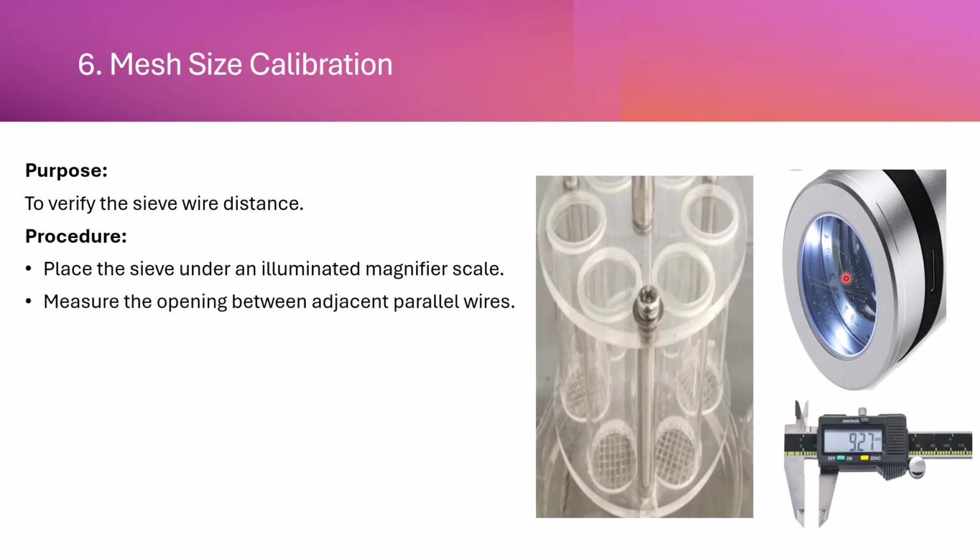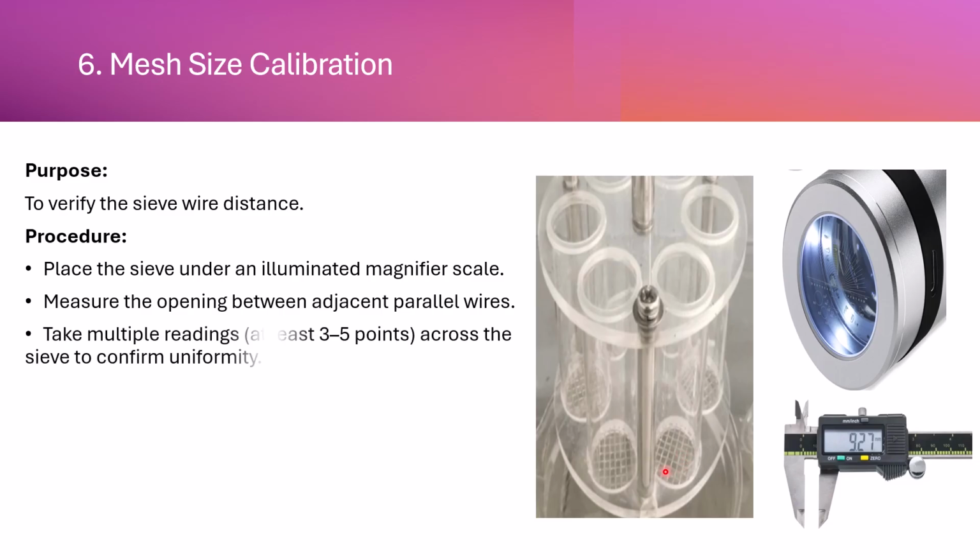And after that, measure the opening between the adjacent parallel wires. Here you can see the parallel wires you need to measure, right? Then take multiple readings at least at 3 to 5 points across the sieve to confirm uniformity.